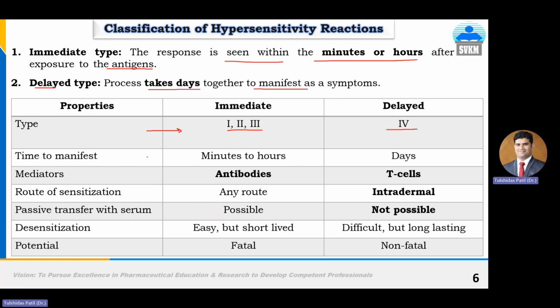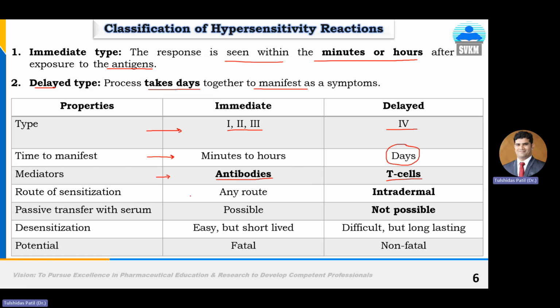The time of manifestation for the immediate kind of hypersensitivity reaction is minutes to hours, as I have already told you, and the delayed type hypersensitivity reactions take days to manifest. Mediators: immunoglobulins or antibodies are the main mediators in immediate type hypersensitivity reactions, whereas T cells are involved in delayed type hypersensitivity reactions.